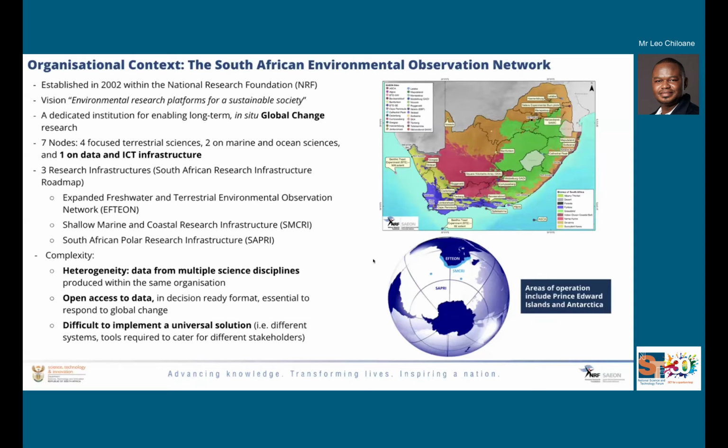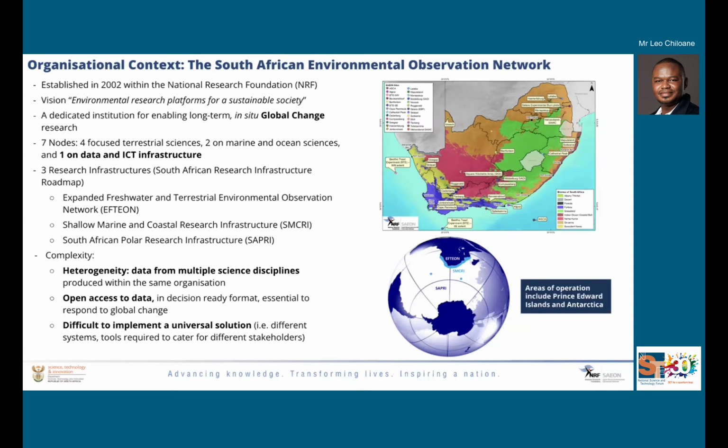But with that in mind, we operate in a landscape that produces a lot of heterogeneous data from multiple science disciplines. And these data have to be managed within the same organization. But there is an added layer to it where we find that stakeholders, particularly at a local level, need open data, but in decision-ready format.